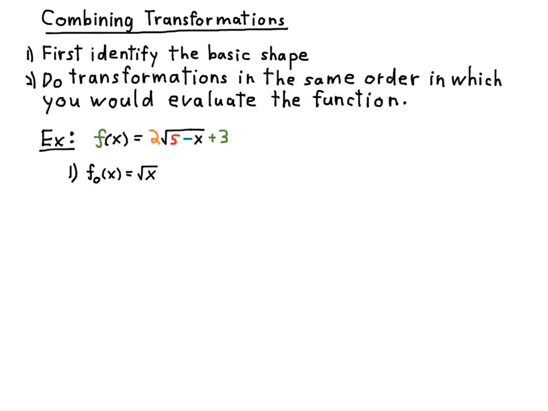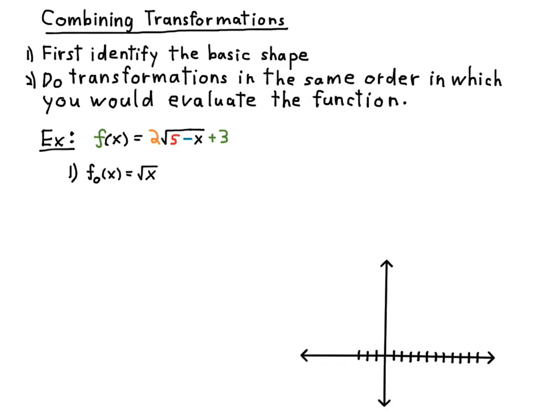I'm going to start with f sub 0 of x is the square root of x. So I'm starting with just the one that gives me the basic shape of f. So it's just f sub 0 of x equals square root of x.